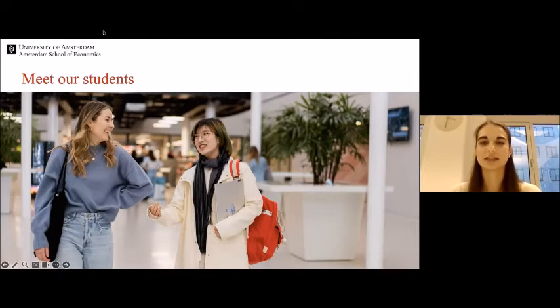Now I want to talk a bit about how valuable our university is. As mentioned earlier, there are many extracurricular activities that you can participate in. For example, I took part in the study association CEFA, which is one of the biggest study associations in the Netherlands. I participated in CEFA Career Week.